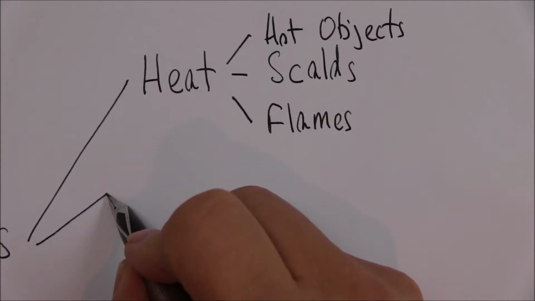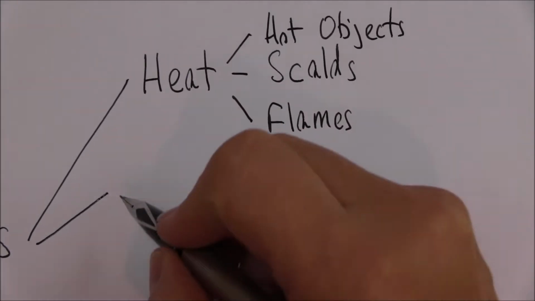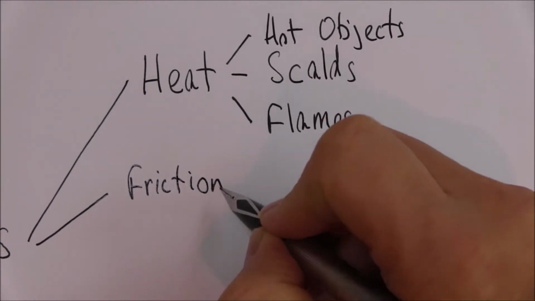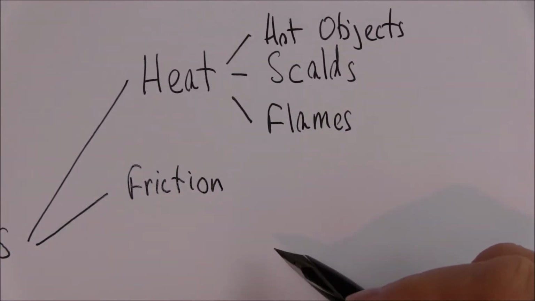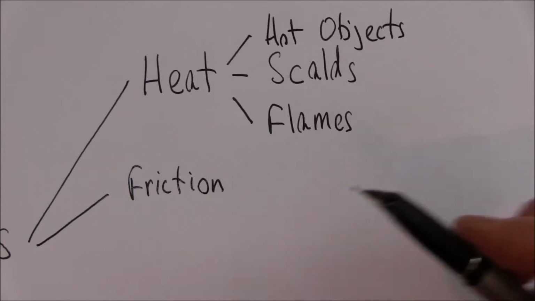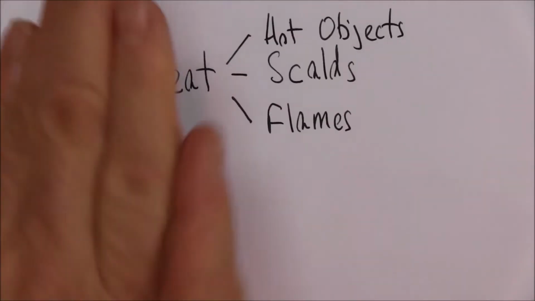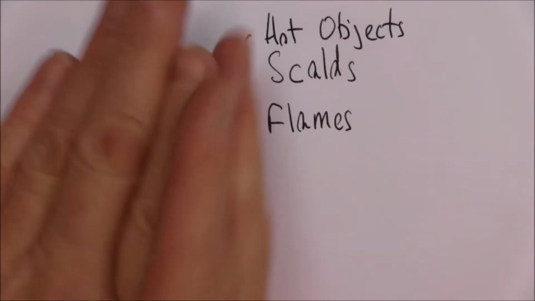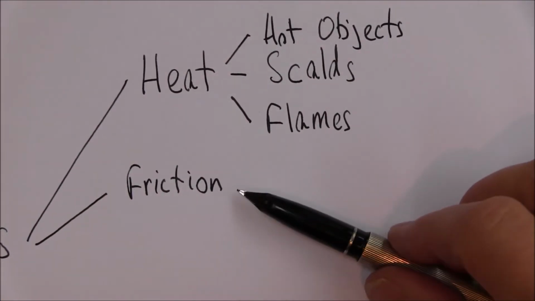And another cause, maybe less obvious, is friction. Friction burns. Now, when there's friction and two things are rubbing together, then I can already feel that my hand is getting hot there, because friction is going to generate heat.